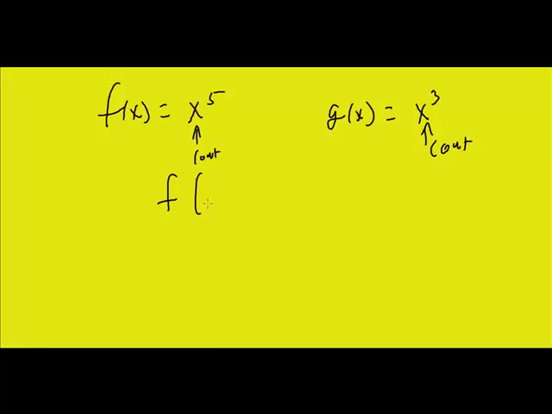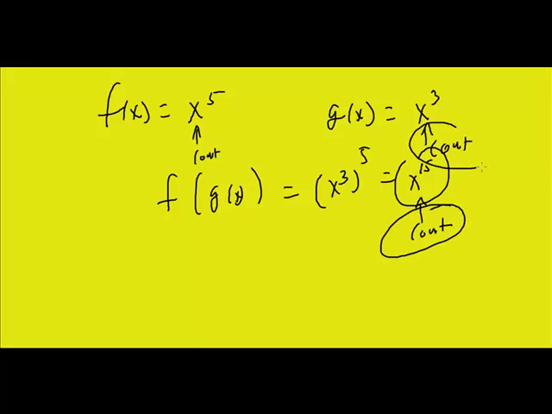So when I plug in f of g of x, that's going to give me x to the 3rd to the 5th, which will give me x to the 15th. This one is going to be continuous everywhere. So as long as the original functions are continuous, then the composite functions are going to be continuous for everything. Now, we can have continuity from the left, continuity from the right.